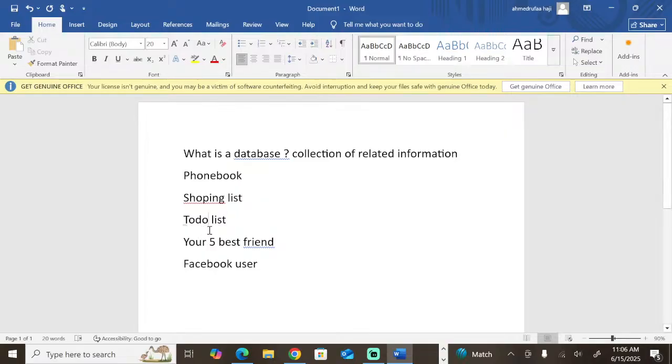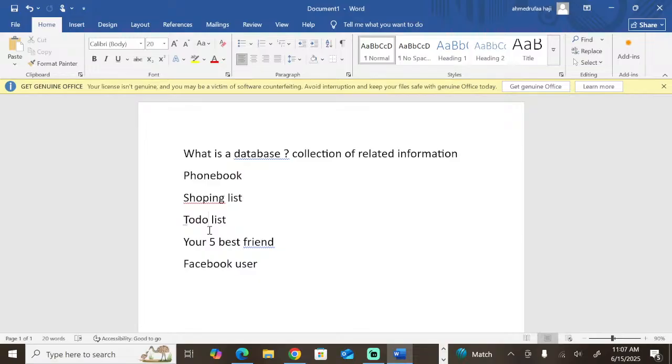Another thing is a to-do list. Basically, if you want to do something today, you arrange yourself with something like a small journal that explains what you're going to do, right? Those lists are collected somewhere, maybe written in a sheet, and that sheet is named to-do list. It is a collection of related information written in a list.